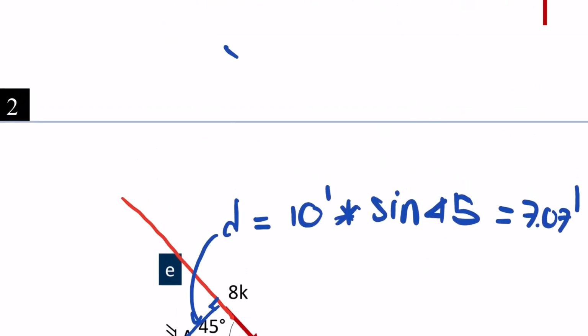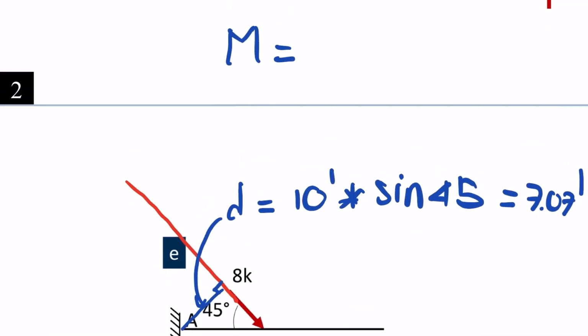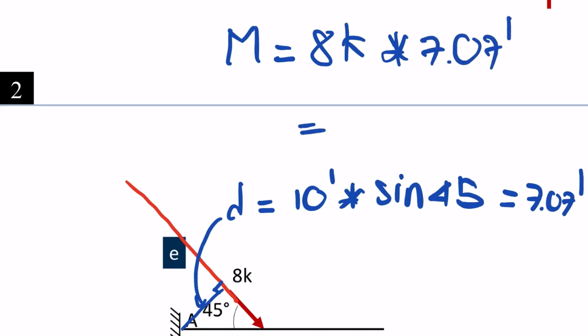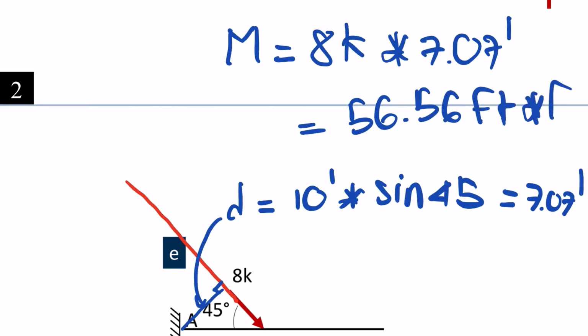Moment equals force. The force is 8 kip multiplied by the distance 7.07 feet, equal to 56.56 foot kip.